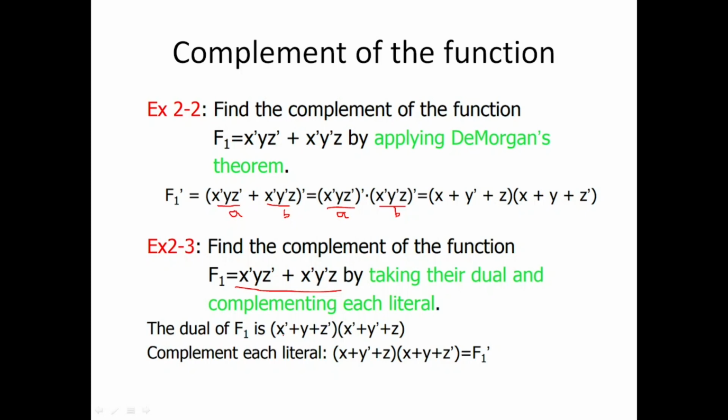Here it is x', here it is x. Here it is y, it is y'. It is z', here it is z. Here also the same thing, opposite to each other. So while finding the dual of a function and the complement of a function, the values are opposite to each other.